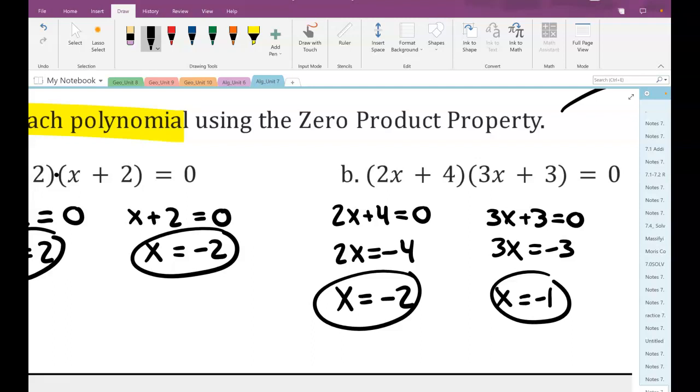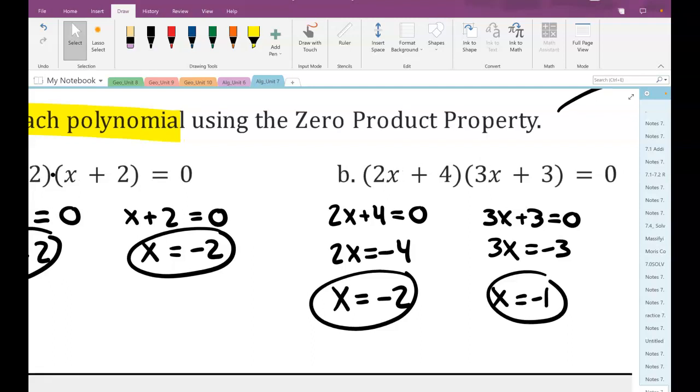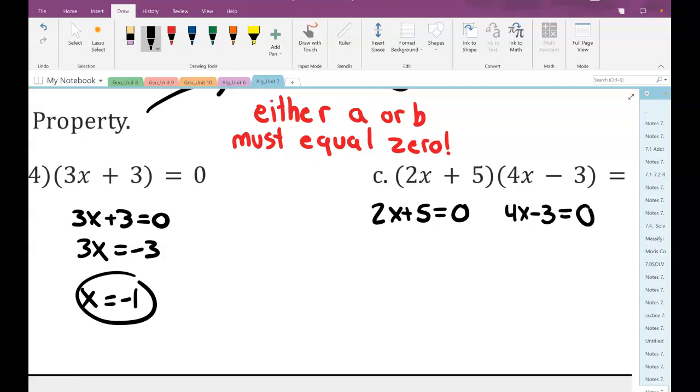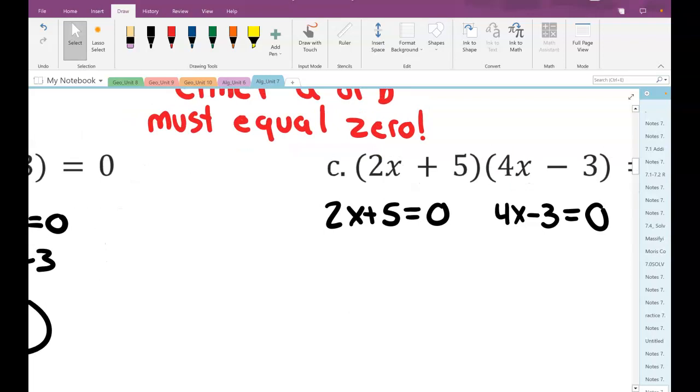There's also the possibility that when we do our zero product property, we get fractions. So that's what example C is all about. Since it's equal to 0, either 2x plus 5 must be equal to 0, or 4x minus 3 is equal to 0. And we solve the same way. It's a 2-step equation to solve. For the one on the left, we subtract 5 from both sides.